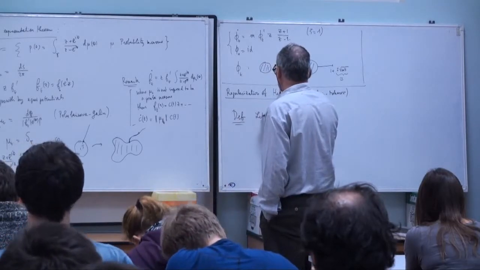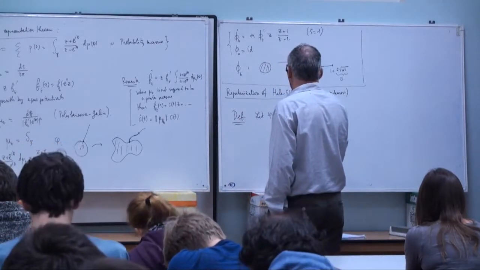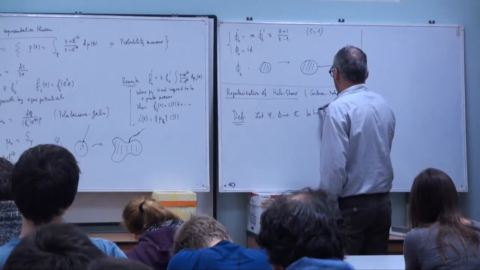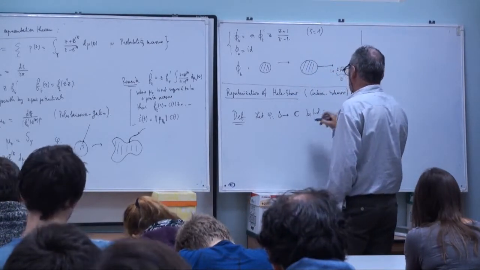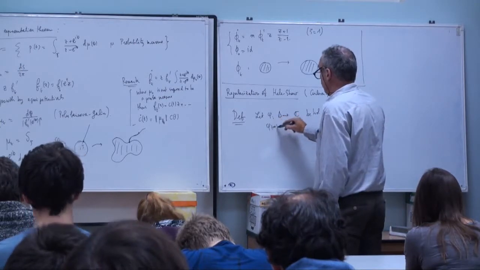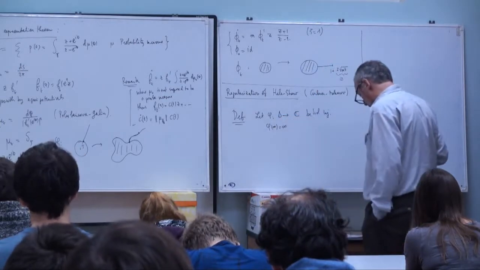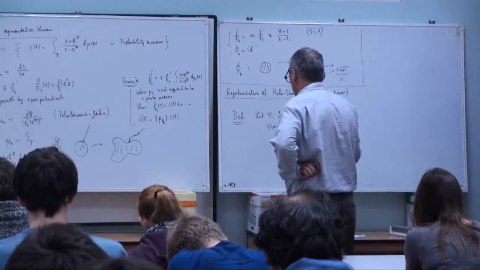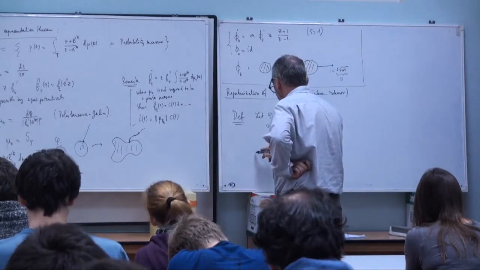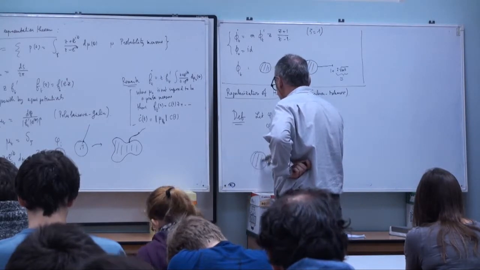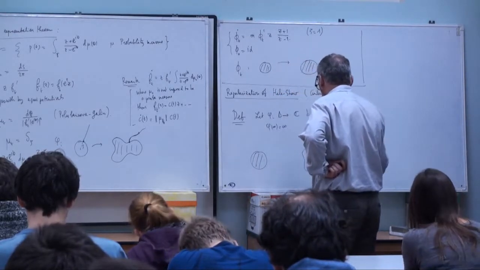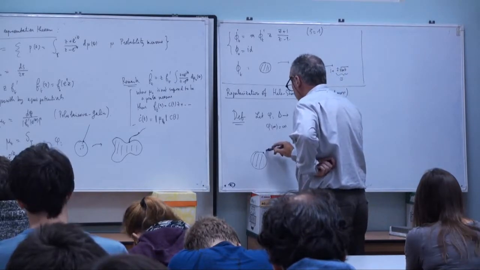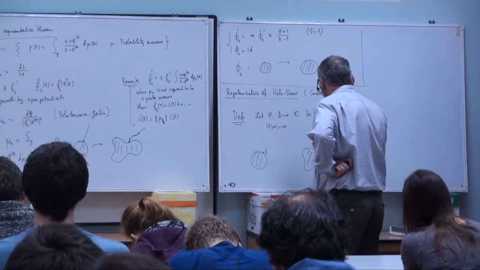So let phi from delta to C be holomorphic and injective with phi of infinity equal to infinity. Okay. So phi maps the complement of the disk to the complement of some set. Put a point zeta here, and then we have phi of zeta here.